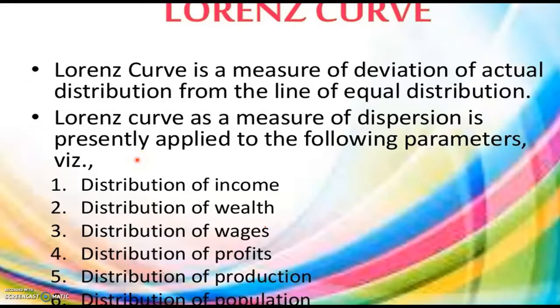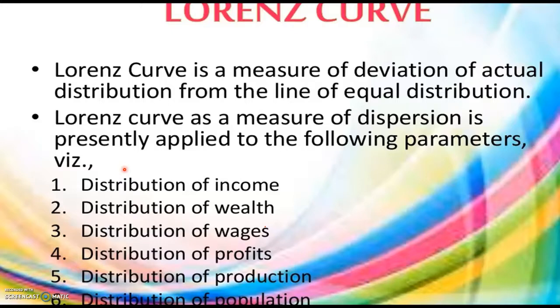Next one is Lorenz curve. The measures of dispersion discussed so far give a numerical value of dispersion. A graphical measure called Lorenz curve is available for estimating inequalities in distribution. Note that point. Lorenz curve uses the information expressed in a cumulative manner to indicate the degree of inequality.